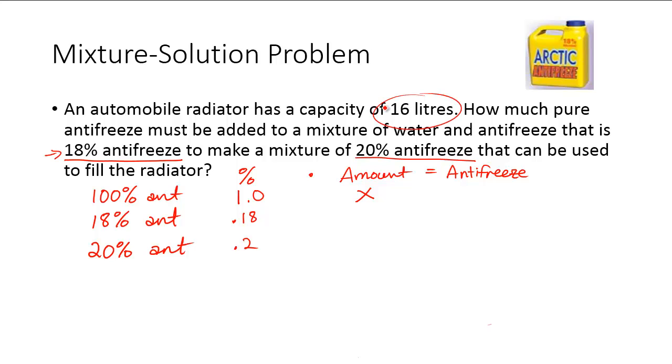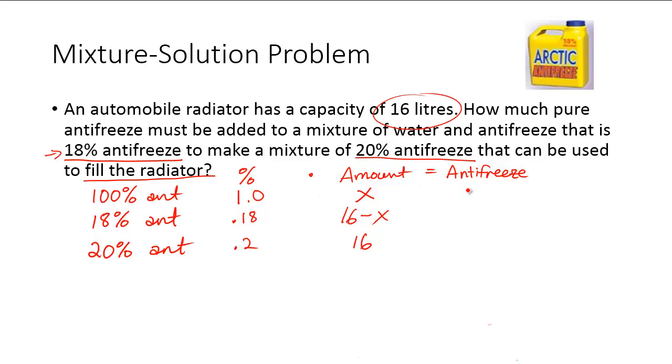We know that we have a capacity of 16 liters max. So that's our total amount that we can possibly have. We want to fill the radiator, and that also implies that's how much total we have. So the rest will have to be 16 take away X, 16 take away whatever we've added. This way we're choosing X to be the amount that we're adding and the other amount to be the rest.